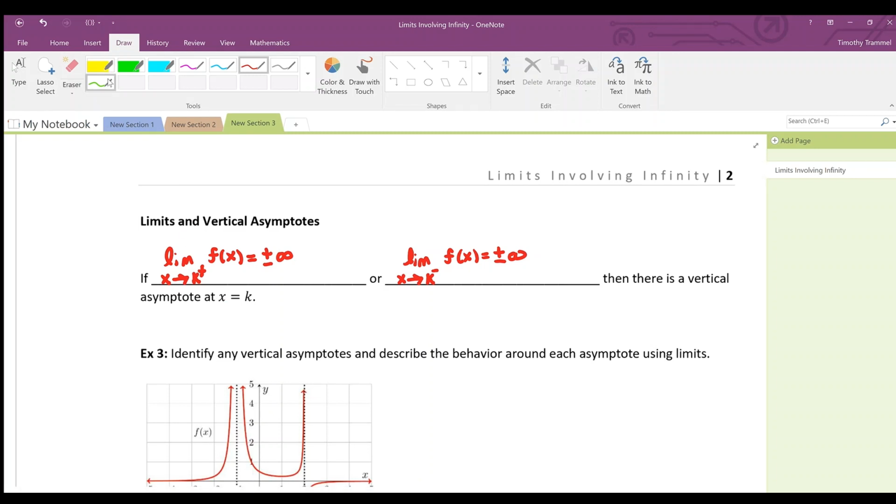Let me highlight the x equals k here. There we go. And let's go ahead and do a couple examples.